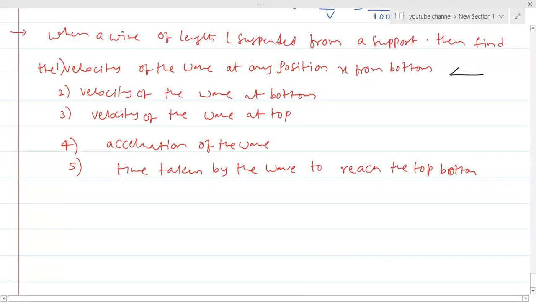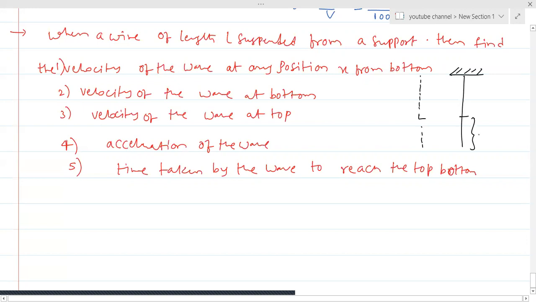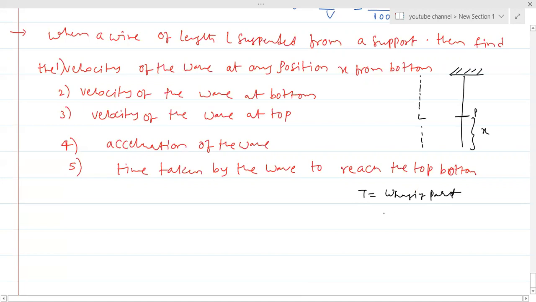For example, this is a support we are taking. This is a wire of length L. So at a distance x, we are observing a point P. First we will understand the tension. Tension is nothing but the weight of the hanging part. The hanging part is x length and it has a density mu.